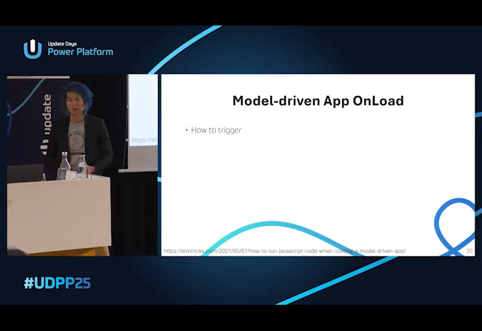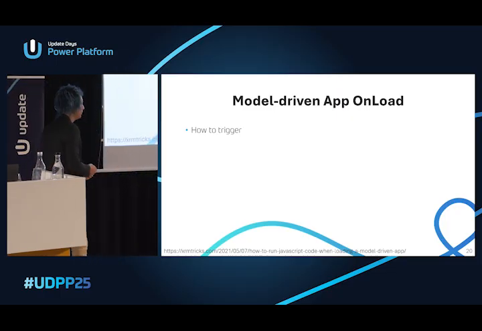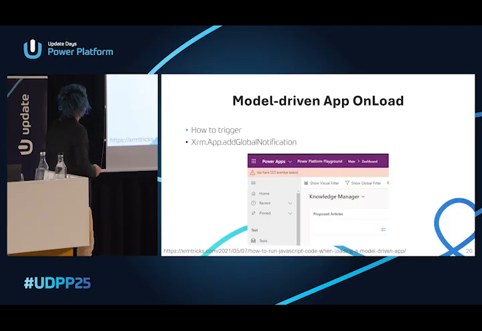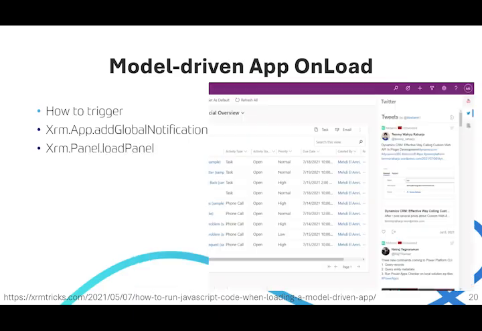Microsoft has, I'm not sure when they released it, maybe a few years ago, this XRM app global notification. The name explains itself: it's a global notification, not particular to a form notification. So it's useful when you want to show something.